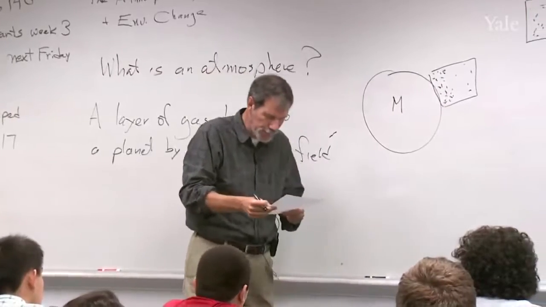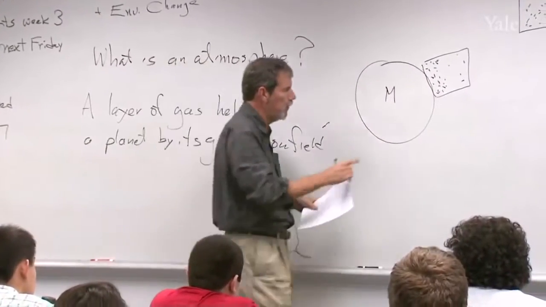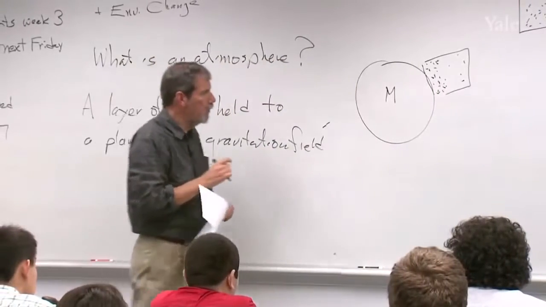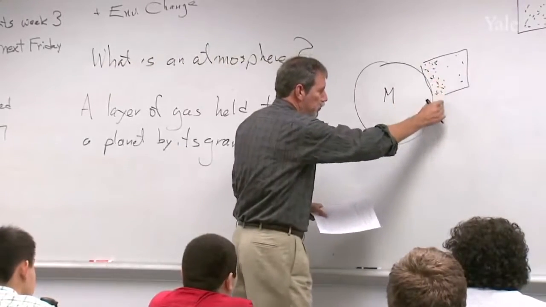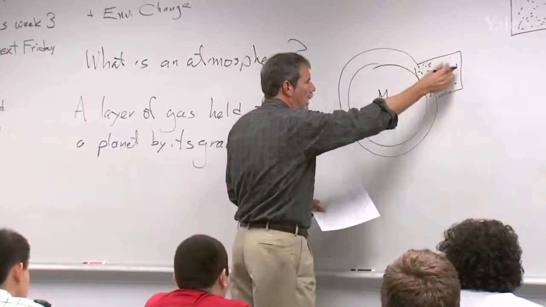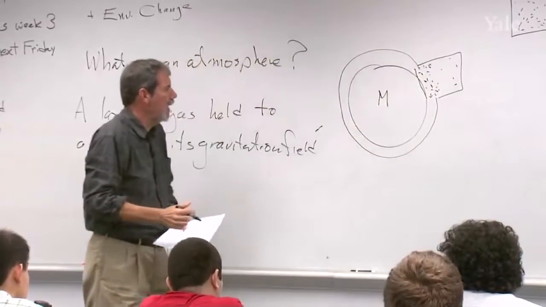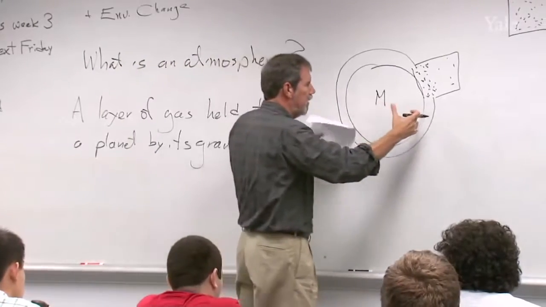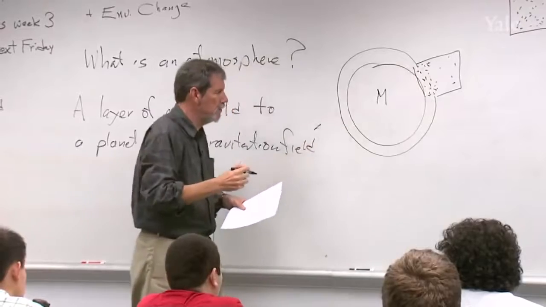And then the final step of this experiment is I'm just going to open a door there. When I open the door, that gas is just going to flow right out. The box is going to become empty, and I'm going to have an atmosphere. Obviously, it's held to the planet by that gravitational field.